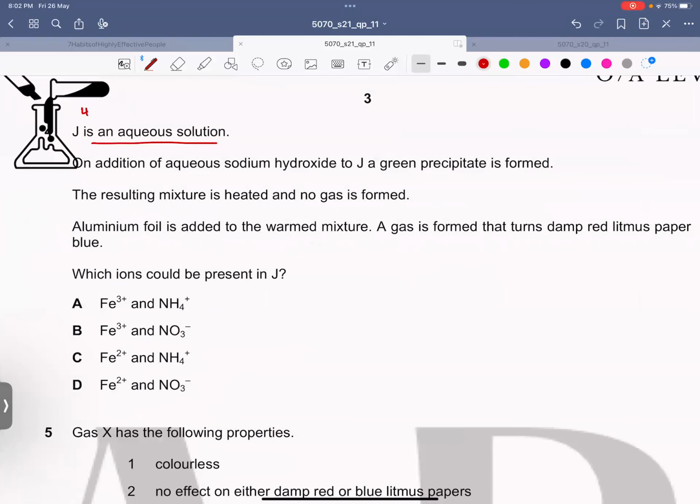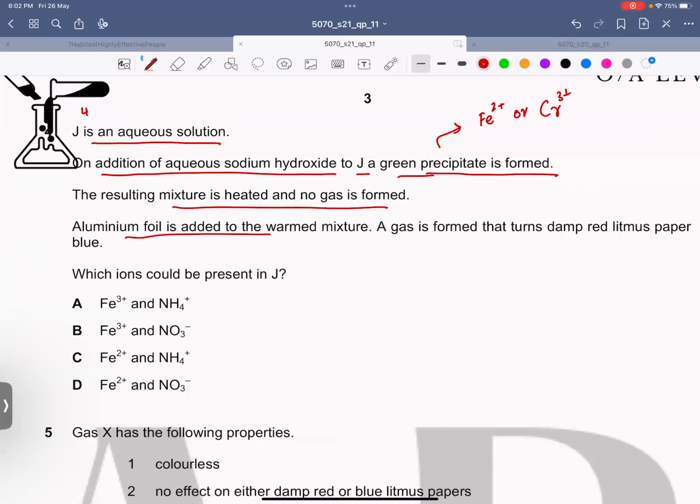Question number 4. J is an aqueous solution. On addition of aqueous sodium hydroxide to J, a green precipitate is formed. Remember from the test of cations or anions that if you are getting a green precipitate, then it can probably be iron 2 positive ions or chromium 3 positive ions. The resulting mixture is heated and no gas is formed. Aluminum foil is added to the mixture, and a gas is formed that turns damp red litmus paper blue.